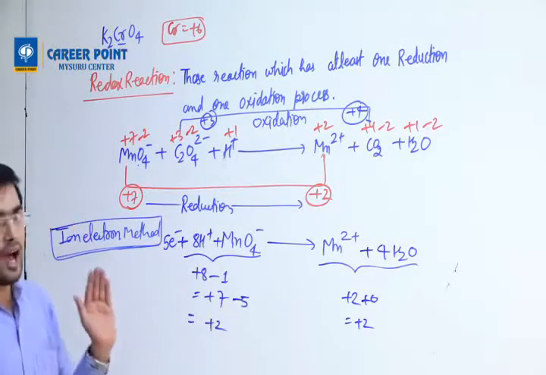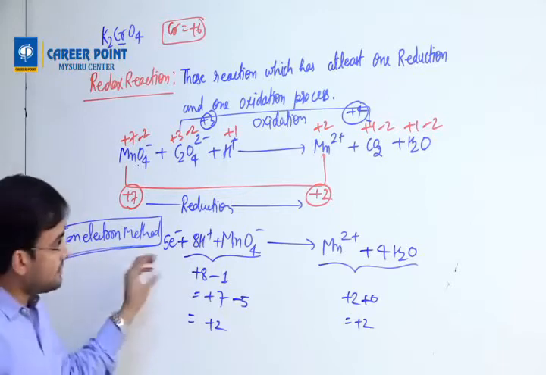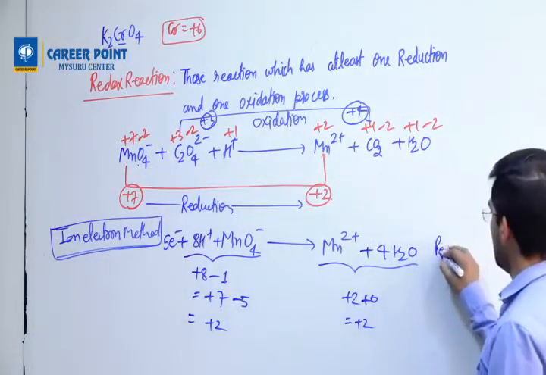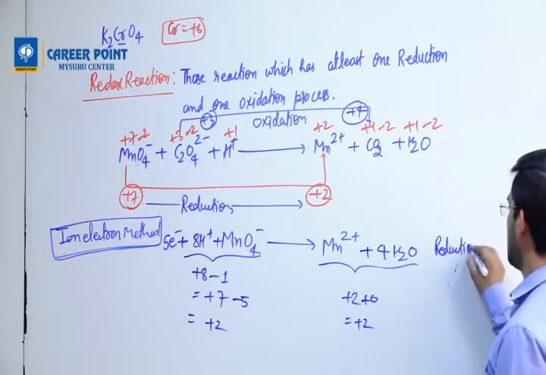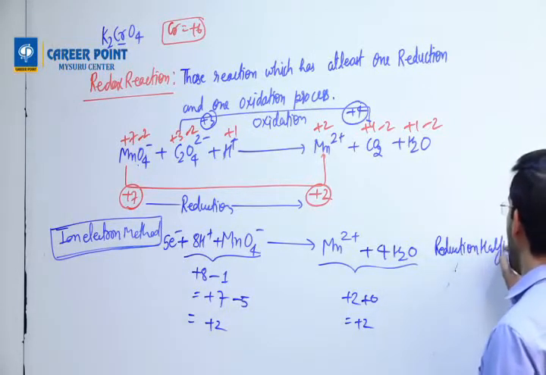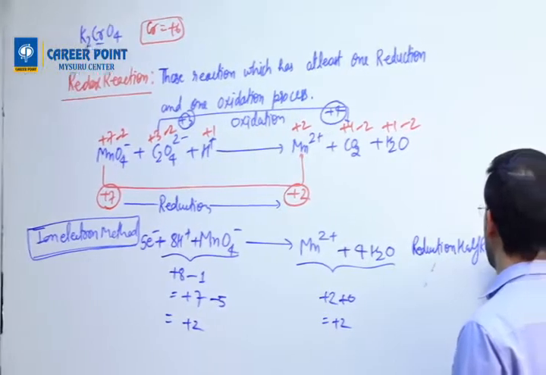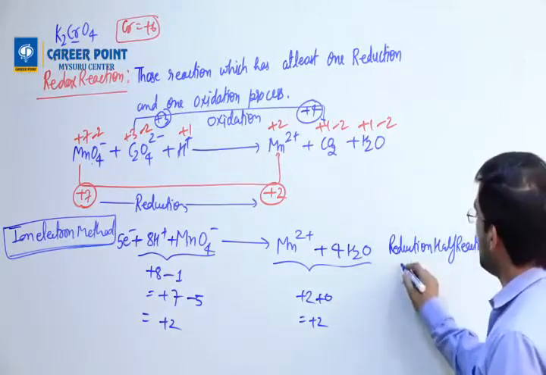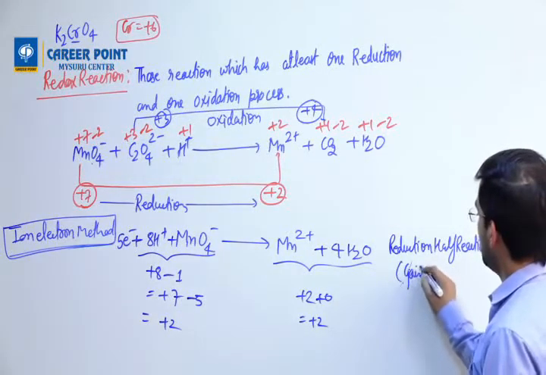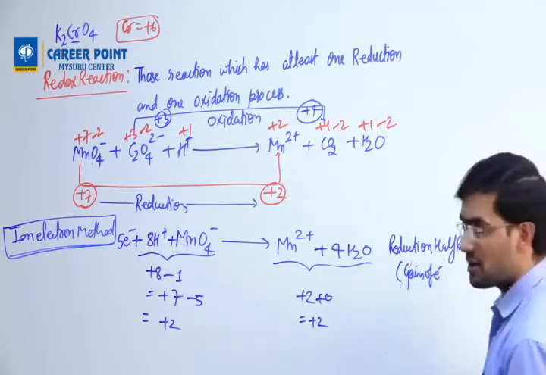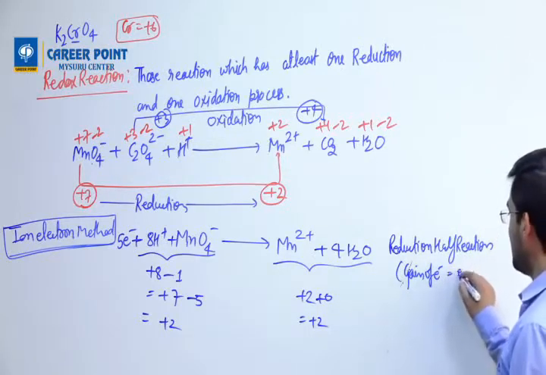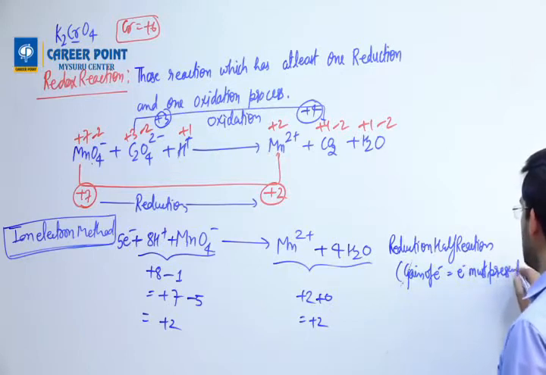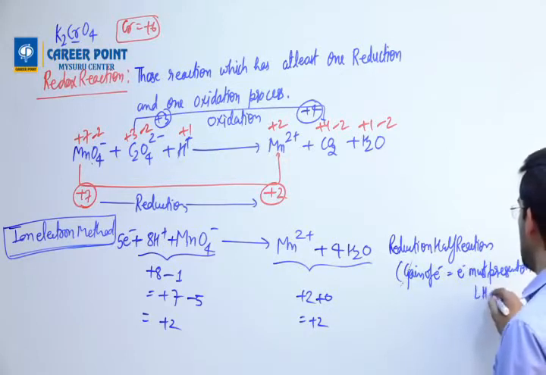Now this reaction is balanced, and this reaction is known as reduction half reaction because it is doing gain of electron, and whenever there is a gain, electron must be present on LHS side.